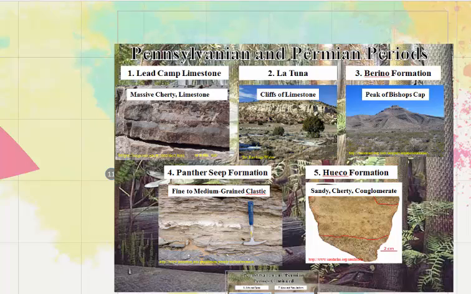These massive cherty limestones are overlain by Lazarus cliffs of limestones, followed by the Bursum limestone. This particular formation is what makes up the peak of Bishop's Cap.